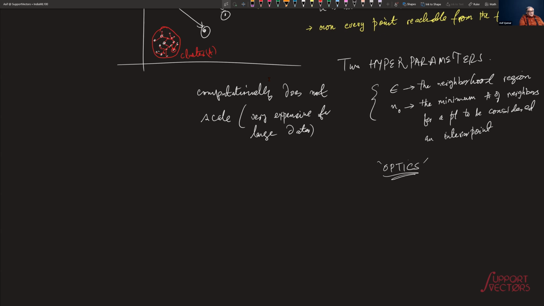So there has been a lot of progress, and there is a new algorithm called DENCLU, and this is actually heavily used. For example, Google uses it a lot internally in its search and many other things, web crawling and so forth.